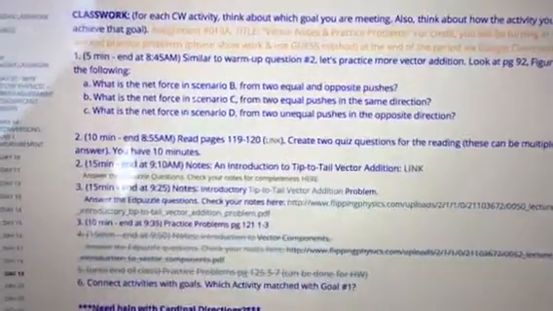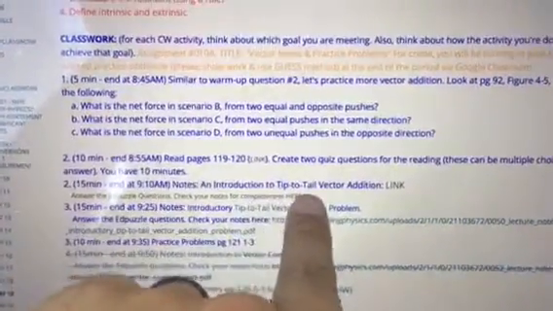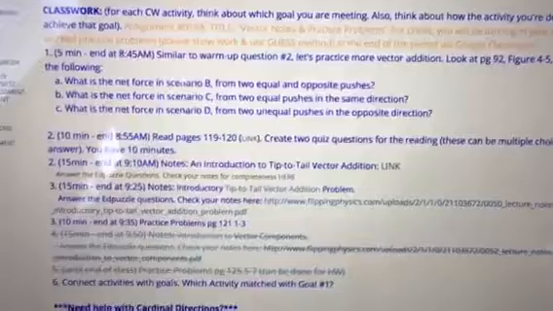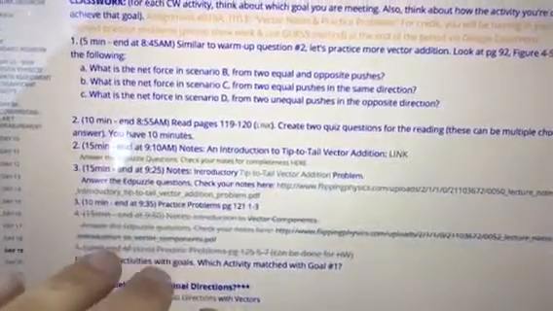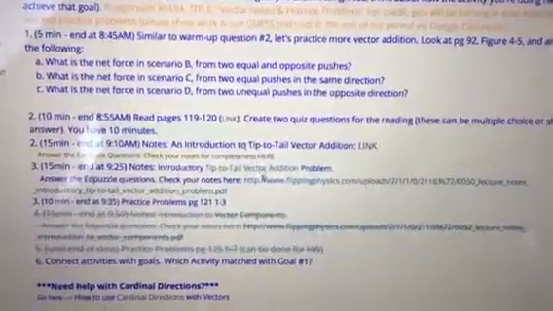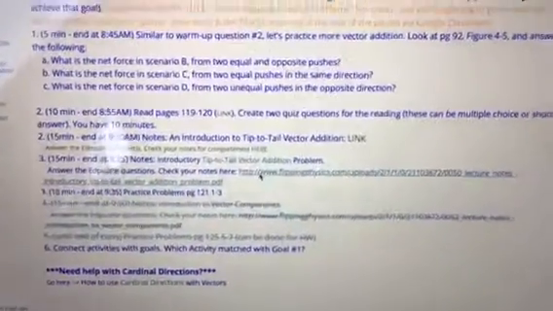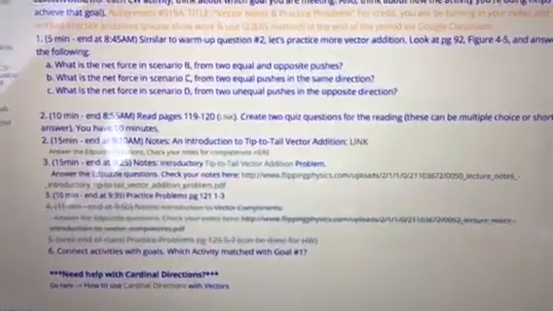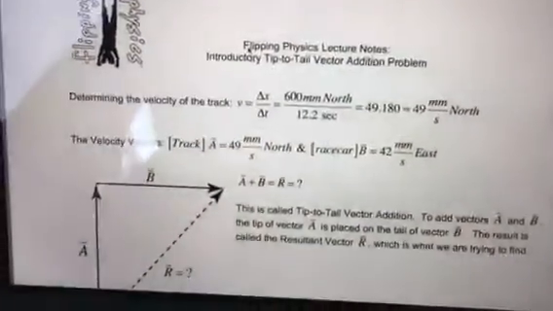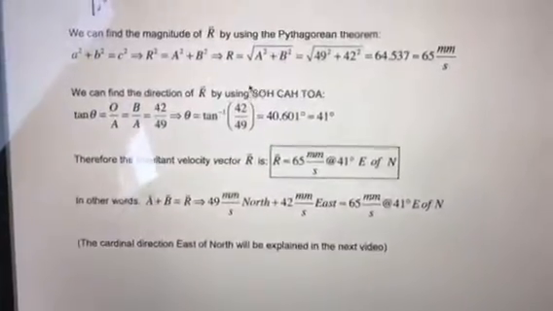All right, the equal and opposite pushes. Introducing tip to tail vector addition. I just talked about that with the warm-up, putting them together the correct way. Looking at the notes very briefly, and it looks like this. So again, this is what we just talked about. If you missed any of this, if you go to the notes, you can find it.